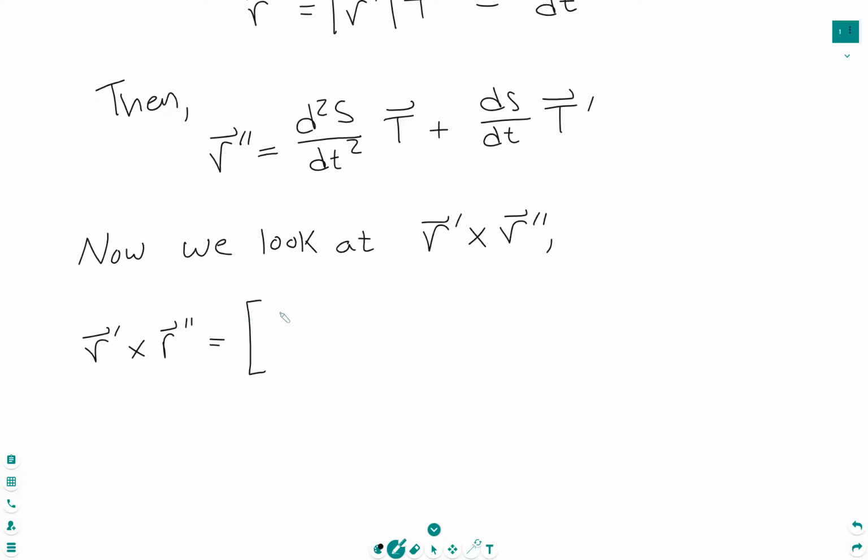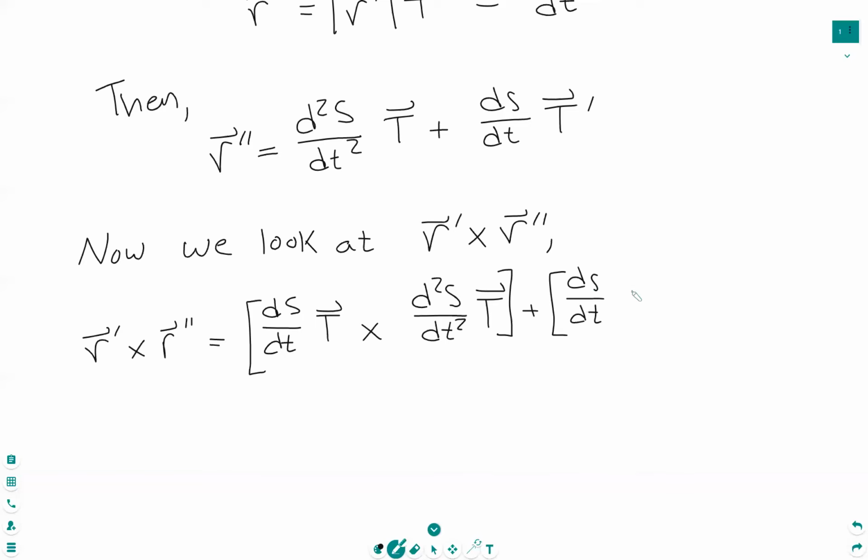They both share the same left-hand side: ds/dt T crossed with the second derivative of arc length, as well as the second term, which is ds/dt T crossed with ds/dt T prime.